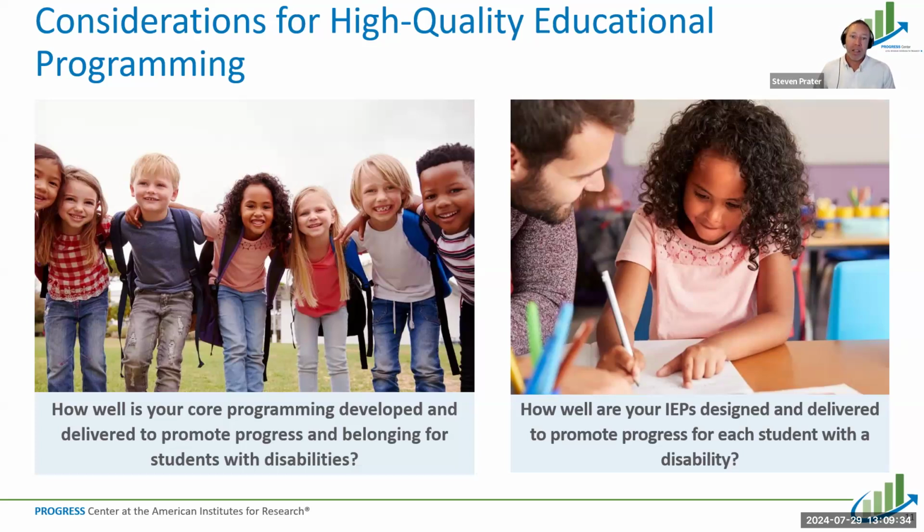So how well is that IEP designed and delivered to promote the progress for that student with a disability? Those two things go together is what we mean when we talk about high quality educational programming. The core programming that's set up, how is it effective for students with disabilities, and that IEP, is it set up for that student individually to make sure they can make progress in that general curriculum.